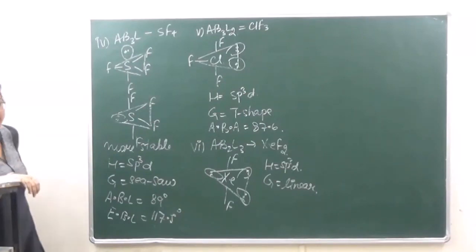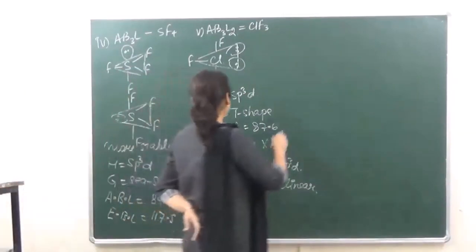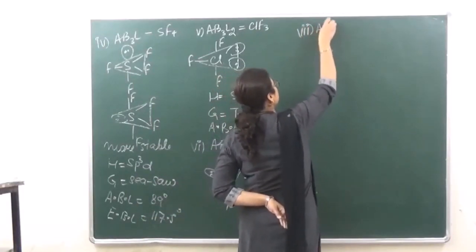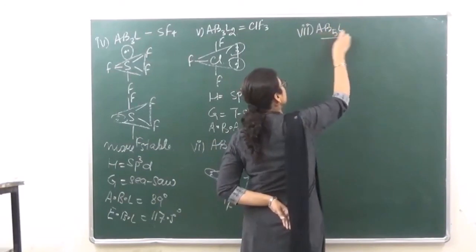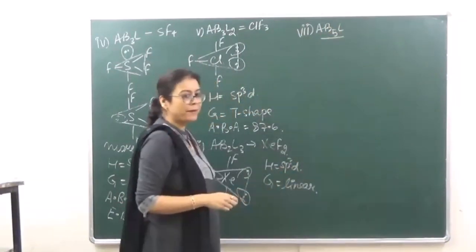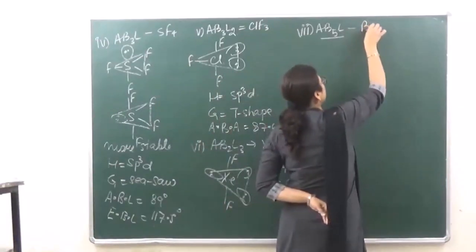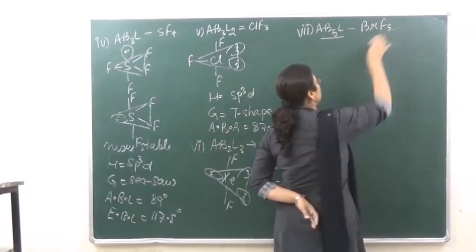Then next we have AB5L. So there are 5 bond pairs and there is one lone pair. Example which we are going to take is that of BrF5.